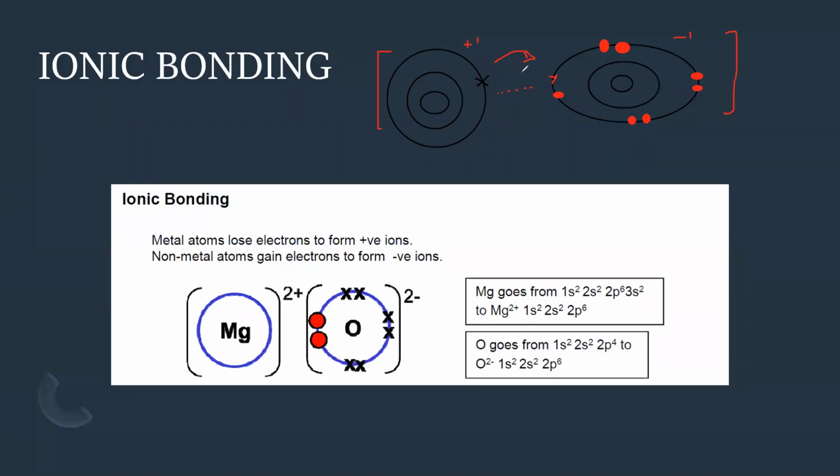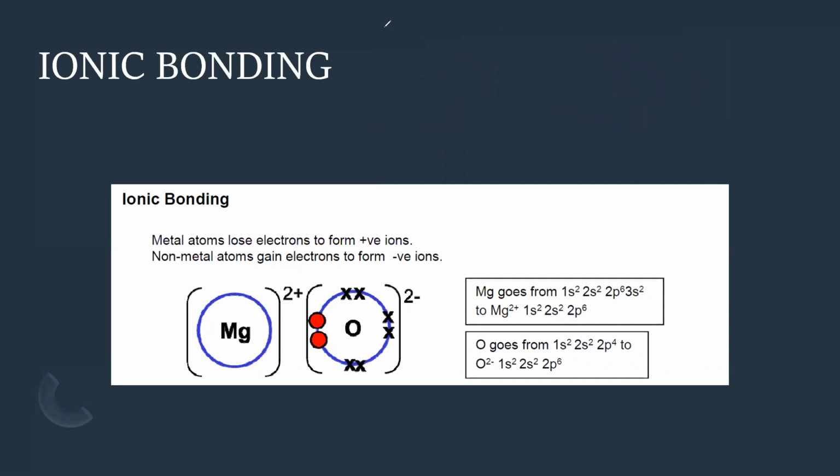First, we will write the electronic configuration for magnesium. As we know, magnesium is Mg, 12 and 24. If I write the electronic configuration for this, it has 12 protons and 12 electrons because overall it is neutral.